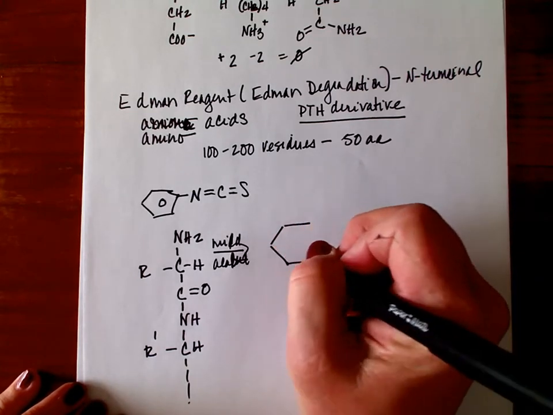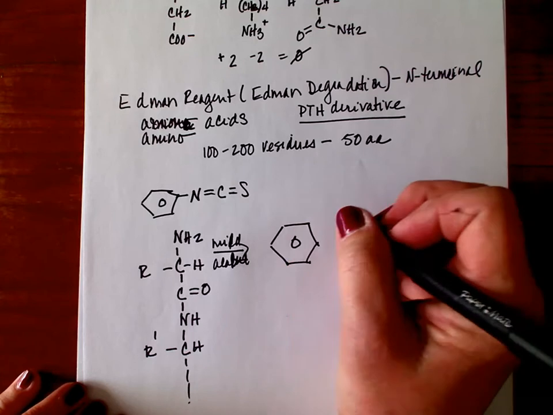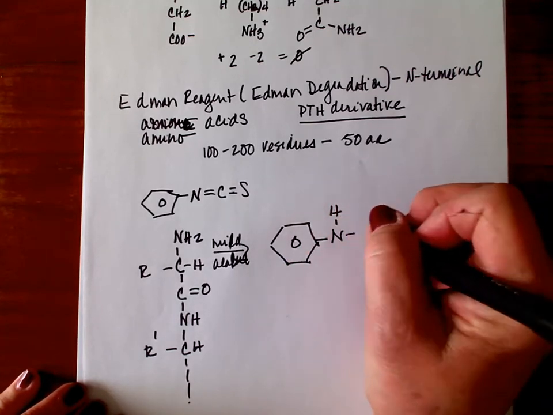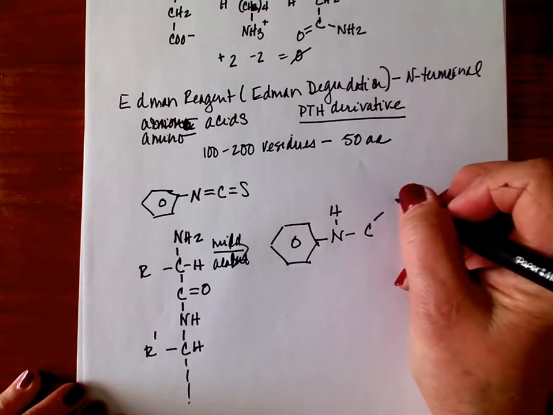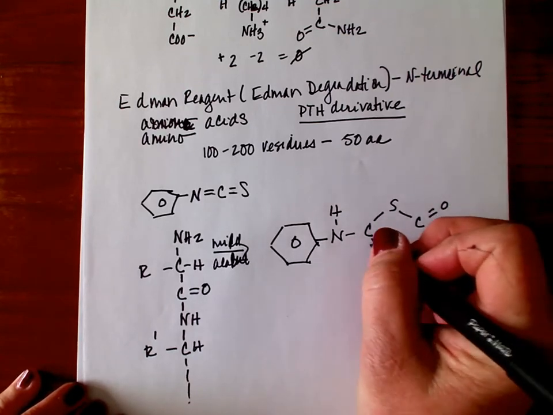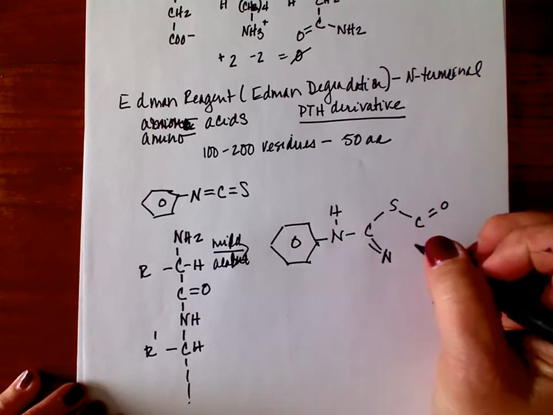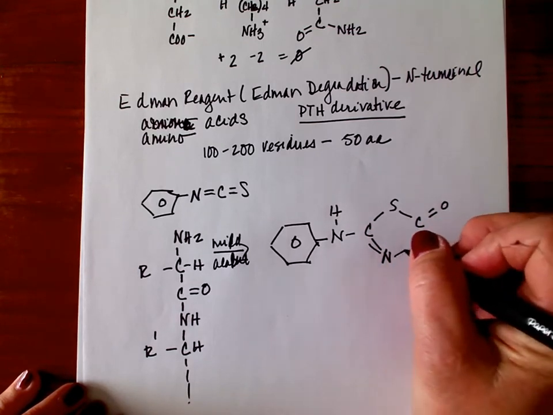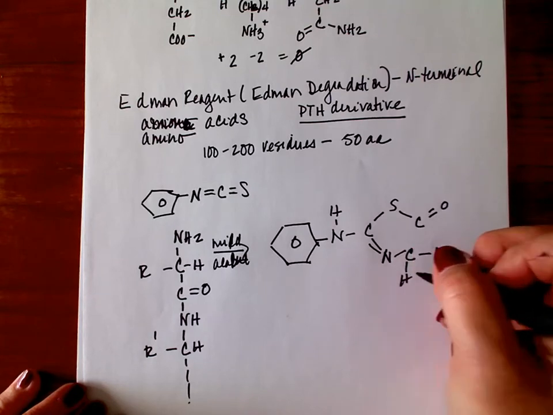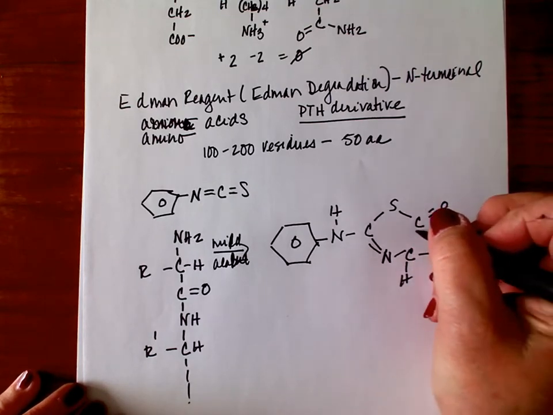So here's the portion that belongs to the phenyl isothiocyanate. Here we go, there's our R group, H, and the bond here.